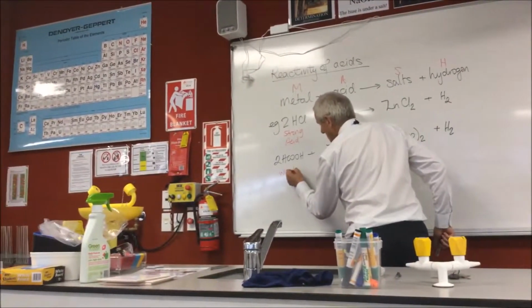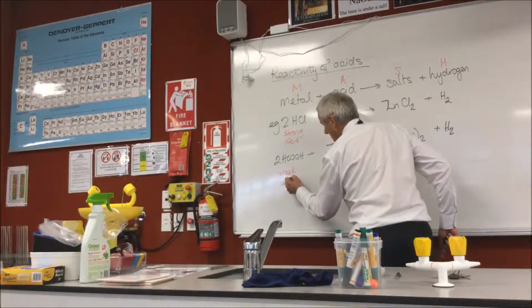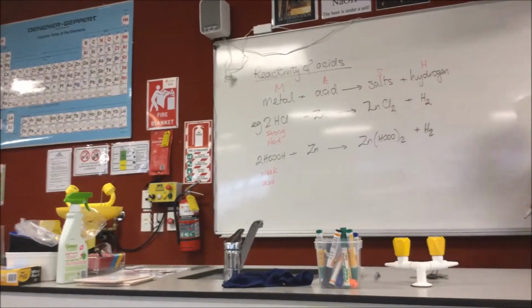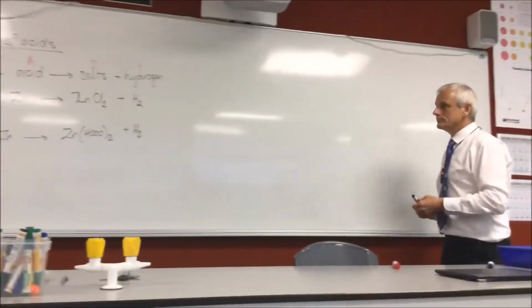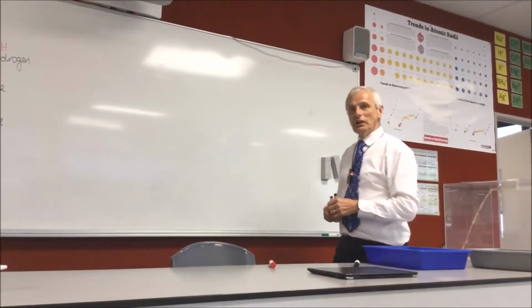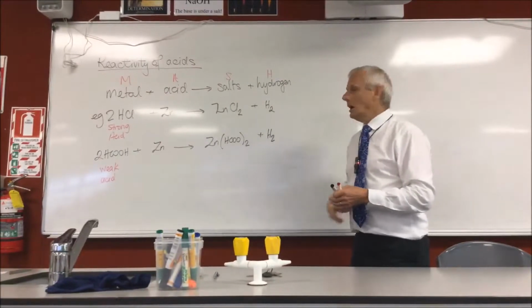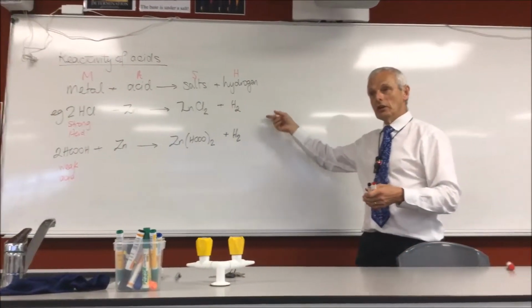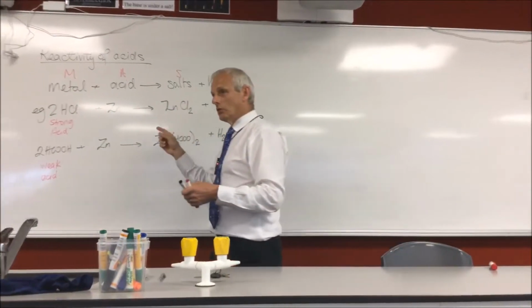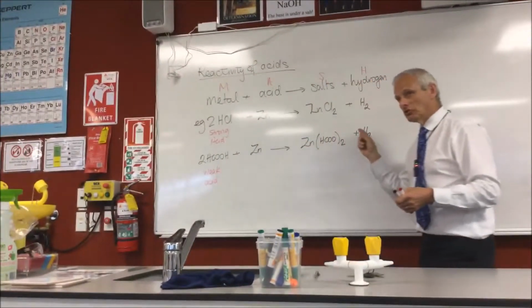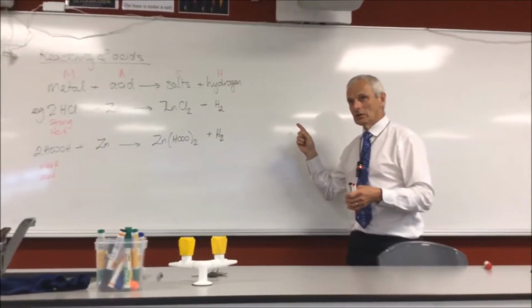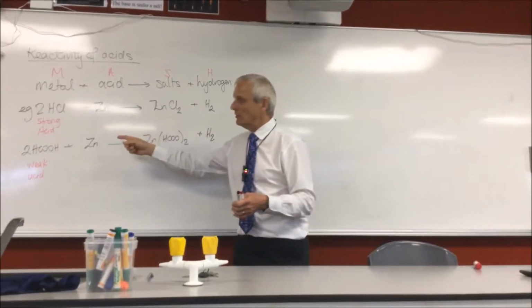And it's exactly the same type of reaction. The question is, if we've got a strong acid and a weak acid, and you are giving off hydrogen here, which one of the two is going to give off more hydrogen gas? Is it going to be the strong acid or the weak acid?